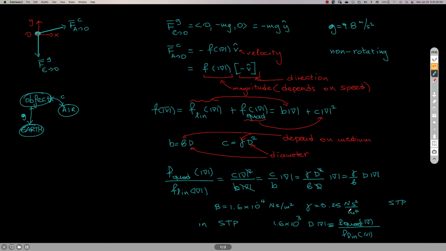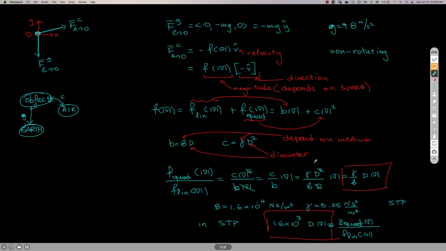So if you want to determine if one of the two terms is dominant, and assuming that your situation is STP, then you can simply use this expression. This is a more general one, and this one is in STP. You can use the appropriate expression to determine what this ratio is.